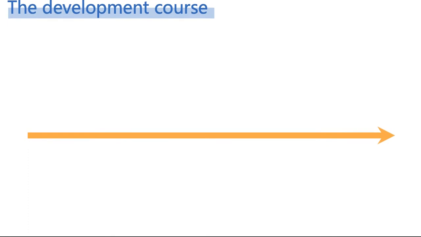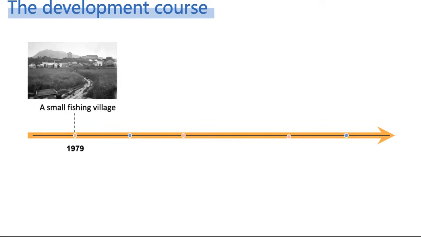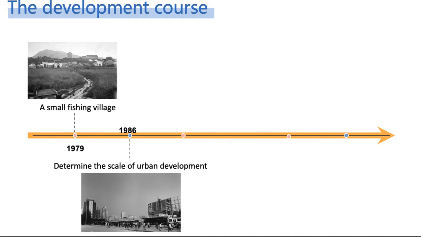This part is about Shenzhen's development course. In 1979, Shenzhen was a small fishing village. You can see this photo. And then in 1986, it determined the scale of urban development.